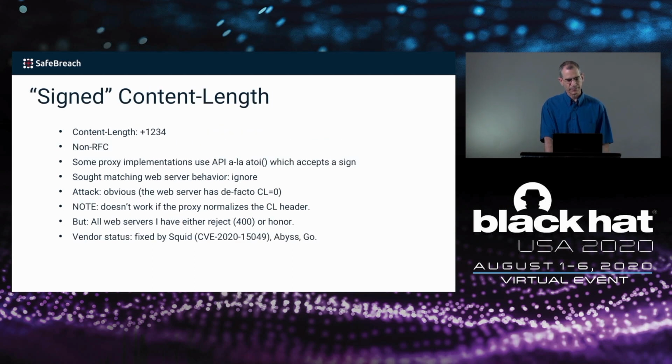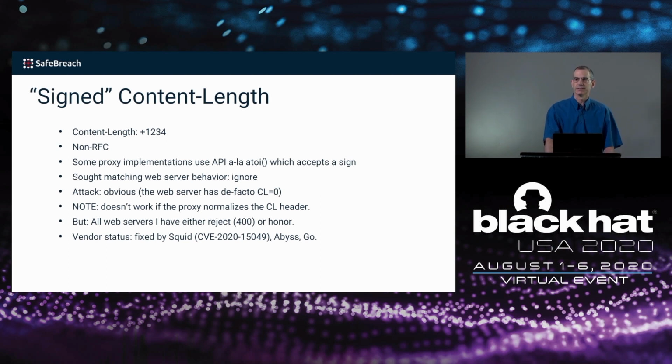Signed content length. I'm talking about adding a plus sign in front of the value. Obviously, it's non-RFC behavior because content length only allows digits. Some proxy implementations use APIs like atoi that do accept a sign. The matching web server behavior is to simply ignore this header, and the attack is obvious.